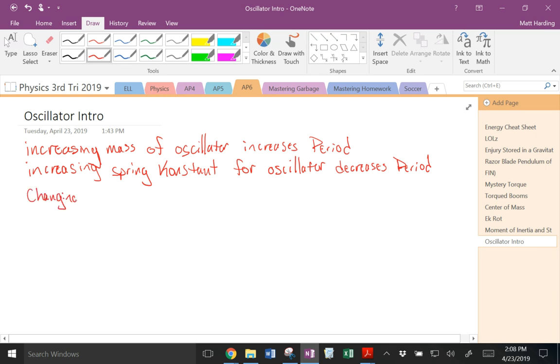Changing angle of incline did not change period.